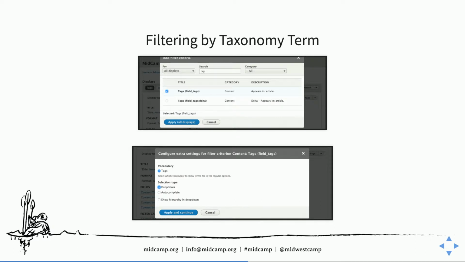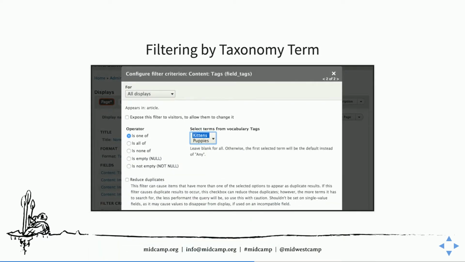When we assign that to the individual piece of content, we can now filter by it. So we're going to select tags and ask which vocabulary we're using. We're actually using the default tags vocabulary. When we do that, it shows us all the terms on the vocabulary, which, like we said, are kittens and puppies.